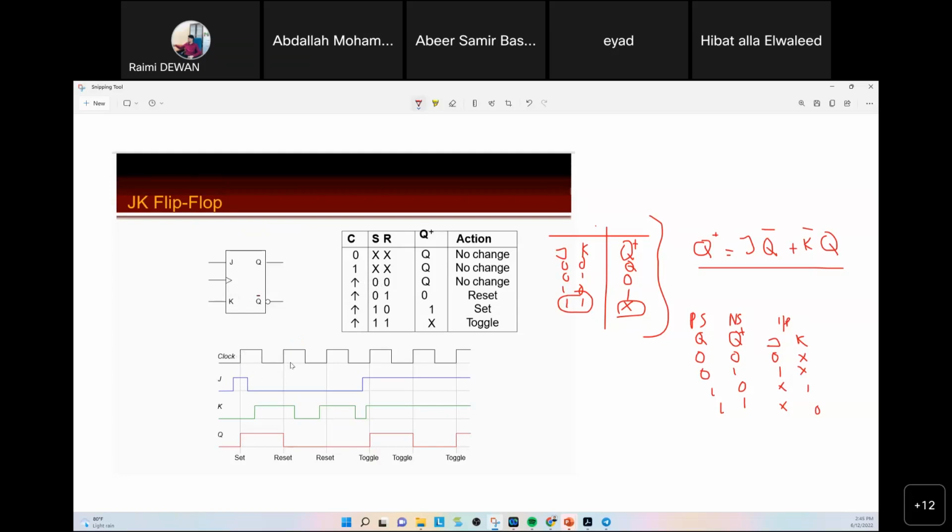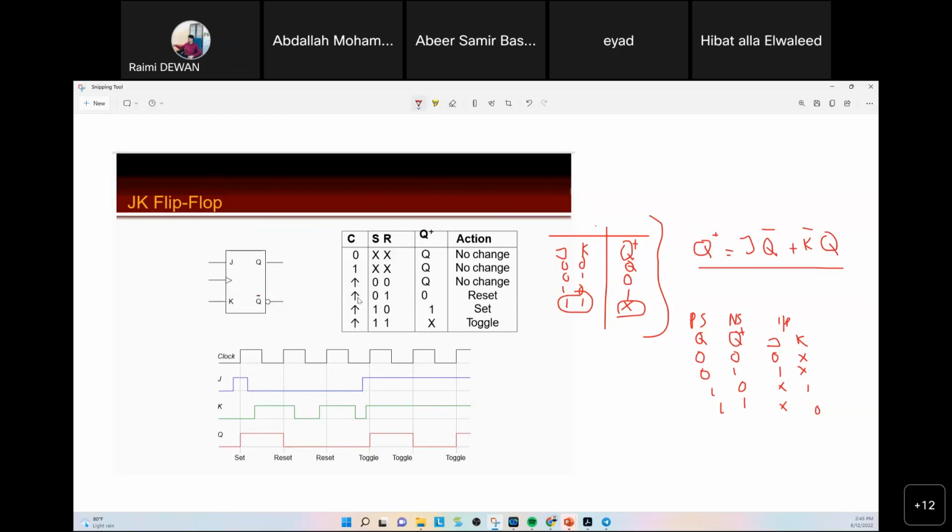Then 0, 1, 0, 0, at the rising edge, 1, 1, 1, 1, 1, 0. It doesn't put the example, because we only look at the rising edge. Never mind, we see this first.